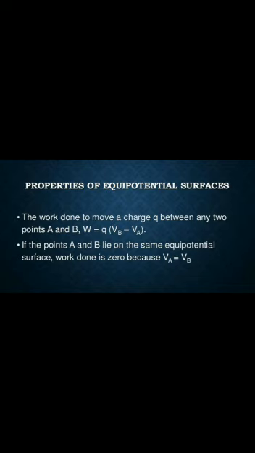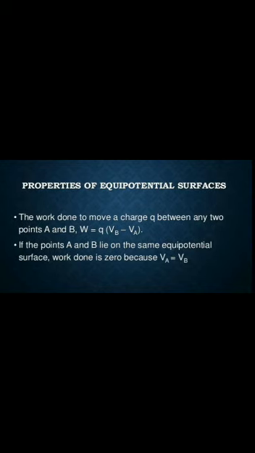Then potential at B is VB and potential at A is VA. So the work done to move a charge Q between A and B is W = Q (VB − VA).